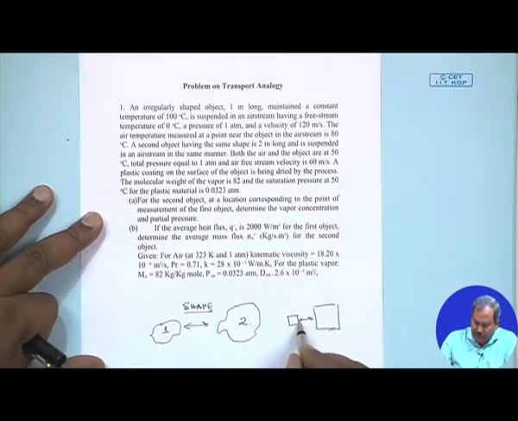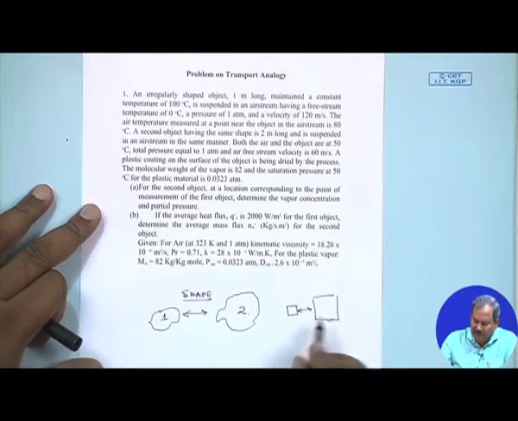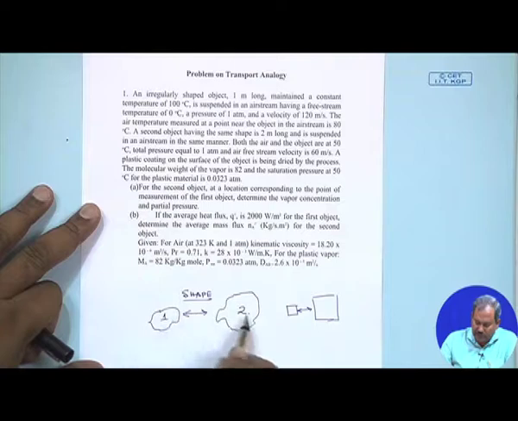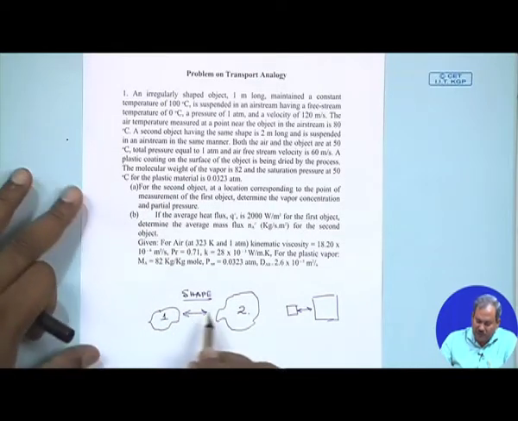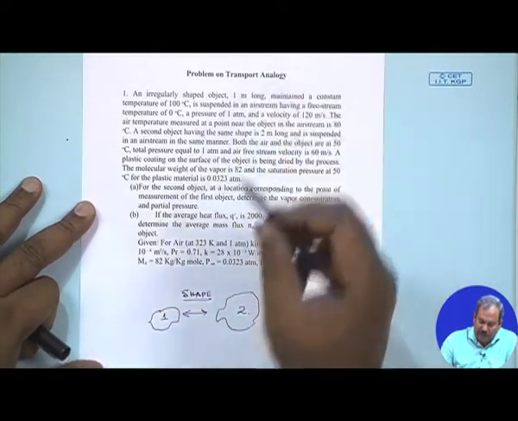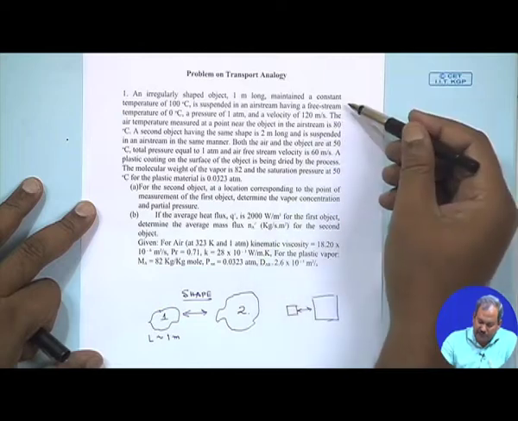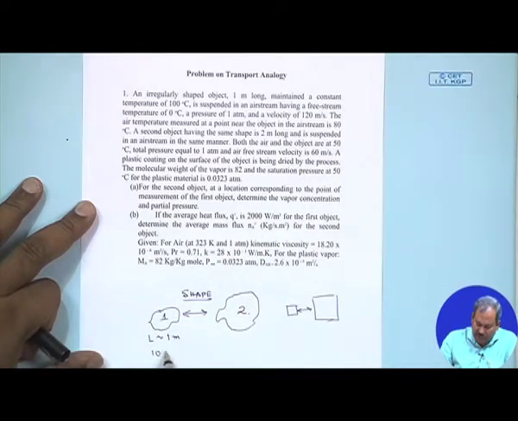This is what I mean when you keep the shape intact but the sizes are more. You have to pardon my drawing, but what I am trying to show you here is object 1, object 2, and let us assume the shapes are the same. The irregularly shaped object has an equivalent length of 1 meter, and it is maintained at a constant temperature of 100 degrees centigrade.